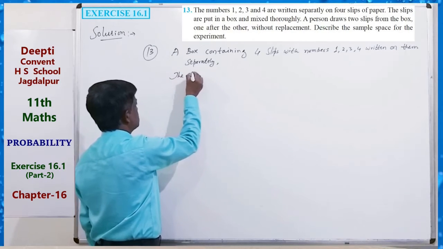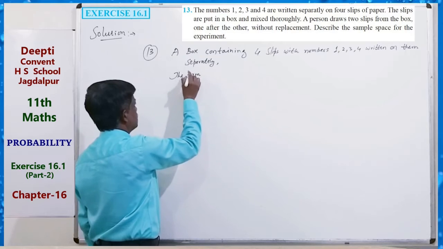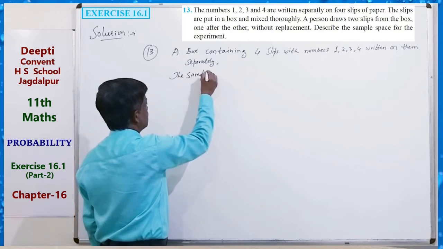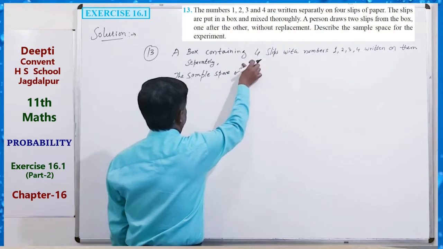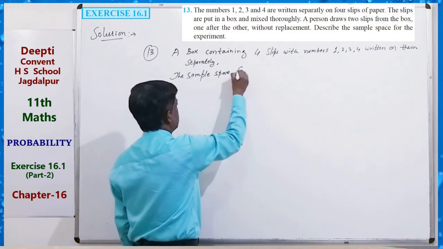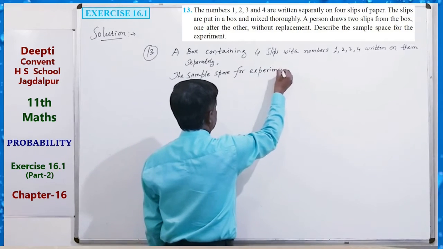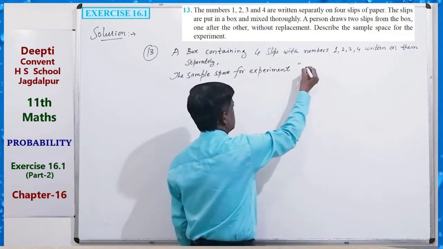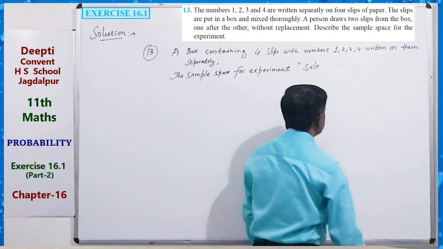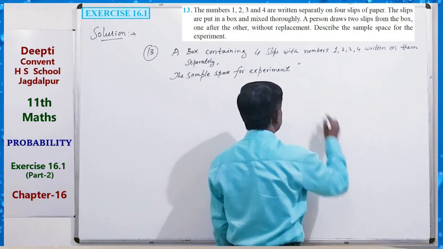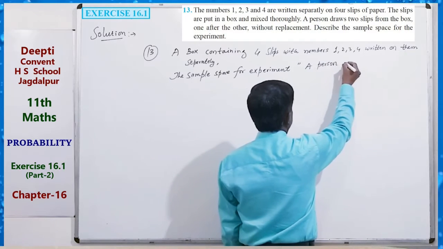The sample space for the experiment of selecting or drawing a person.